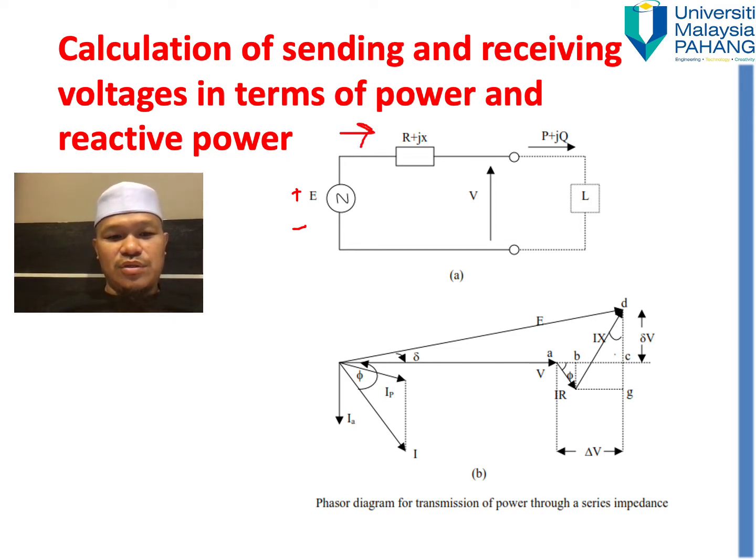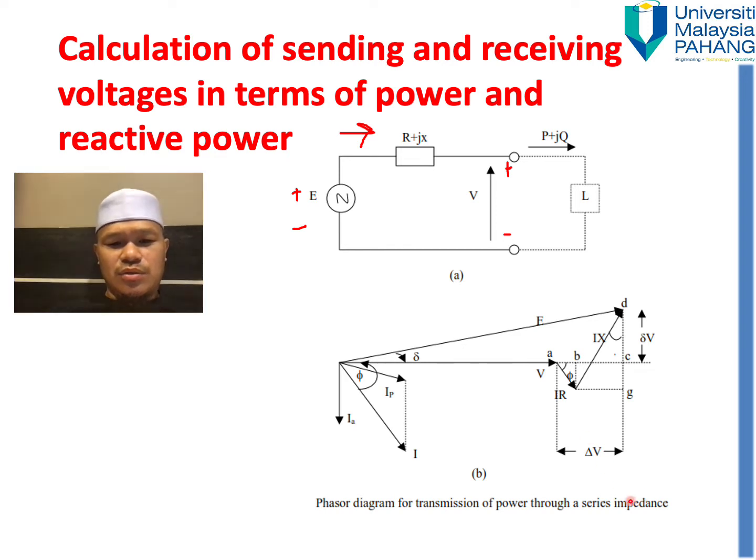So we have the voltage drop, and this is at the receiving end terminal, so we have V. What we have here is a phasor diagram of these conditions. So this is what we can see in terms of your sending end and receiving end.